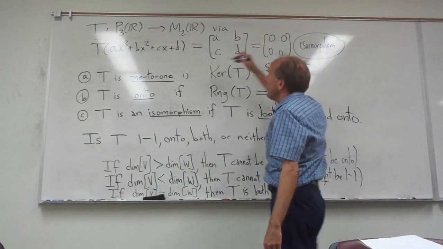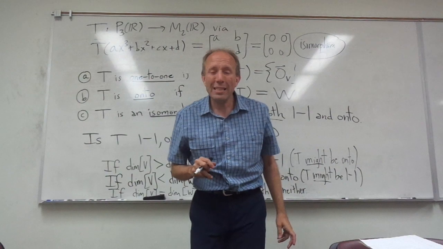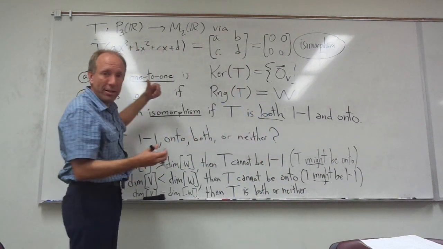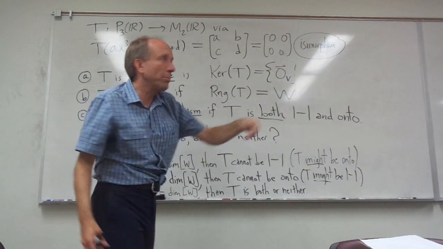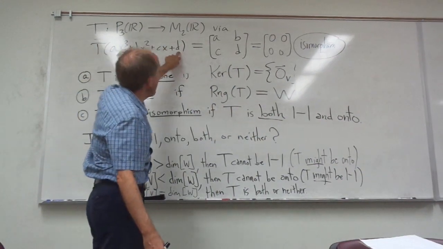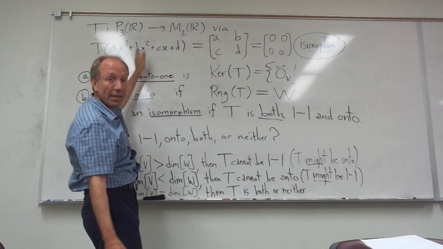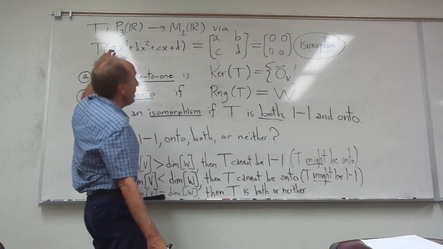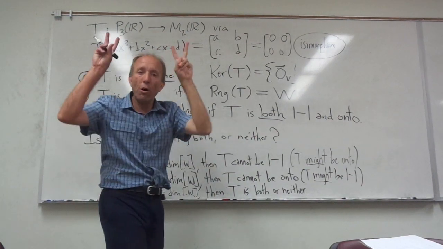Isomorphism really means that the two spaces are kind of the same. It's kind of just how you're writing the vectors. Here you're referencing the polynomial through the use of the coefficients that are separated by different powers of x. But at the end of the day, you are keeping track of A, B, C, and D in almost like slots.